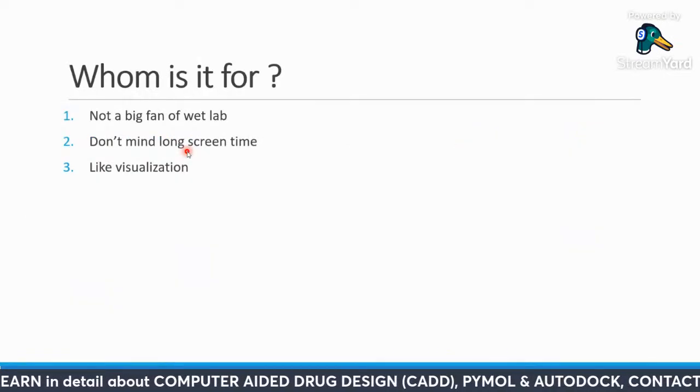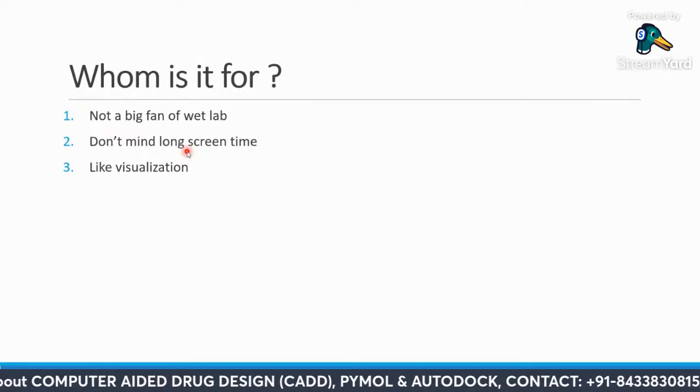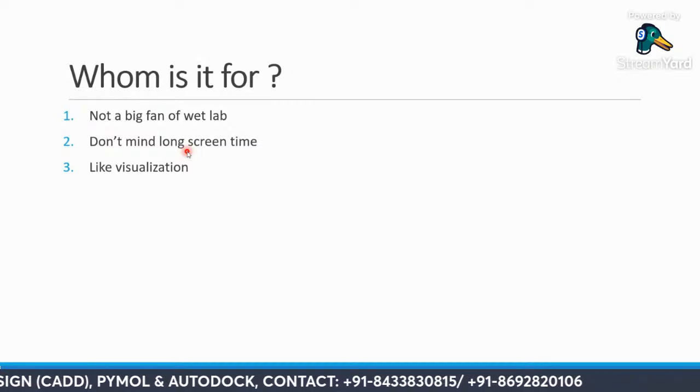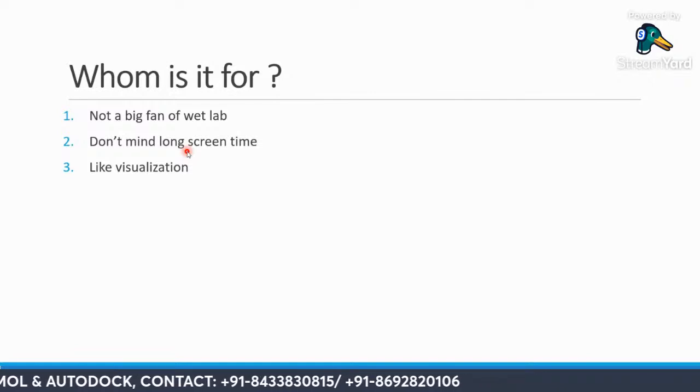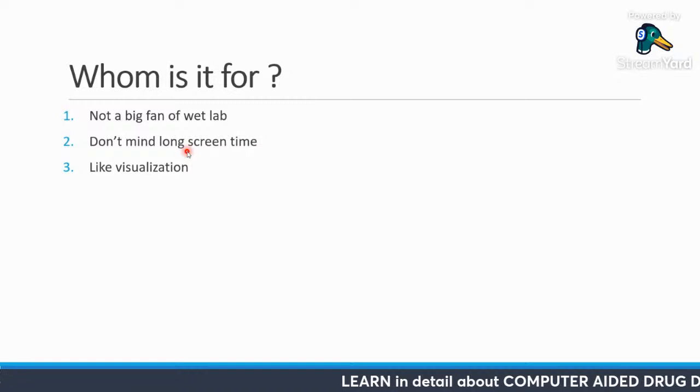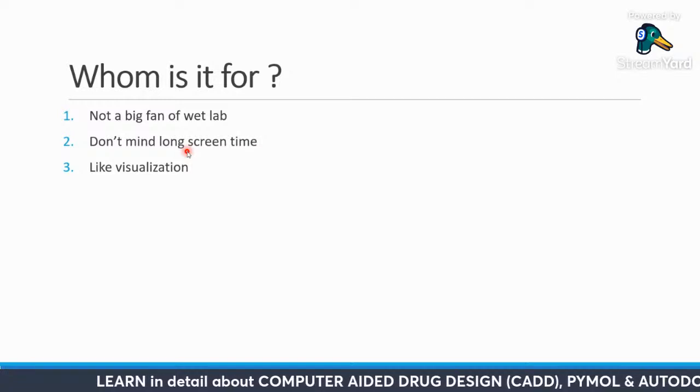Now most importantly, we will look into CAD, and I'll talk about the different tools that we can utilize to understand how the small molecule is binding. So in this course that we are going to start from next week, we would be going for a free tool which is called Autodoc.